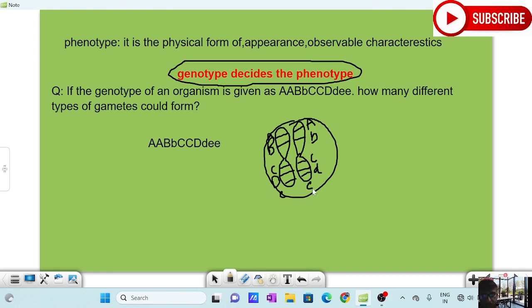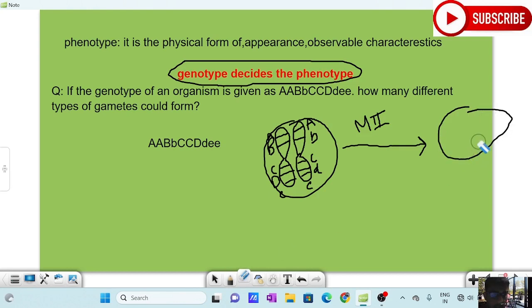Okay, so in meiosis 2, what happens? The cell will be divided into 2, right?